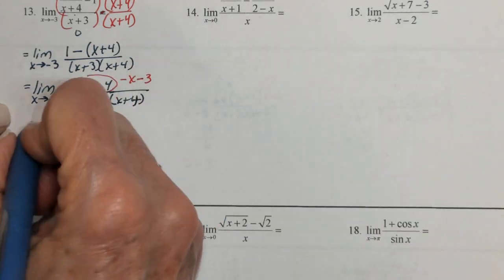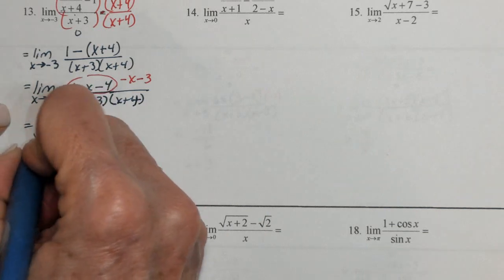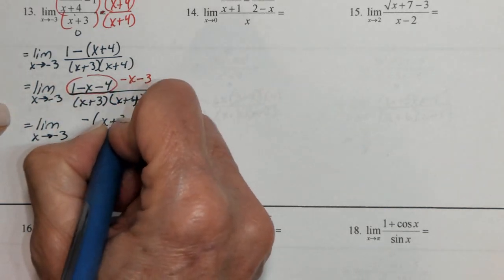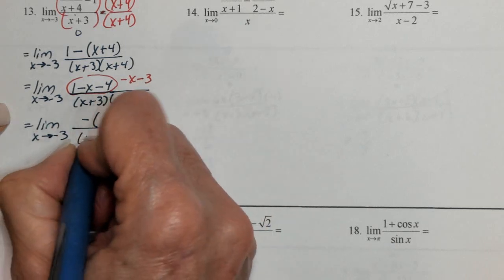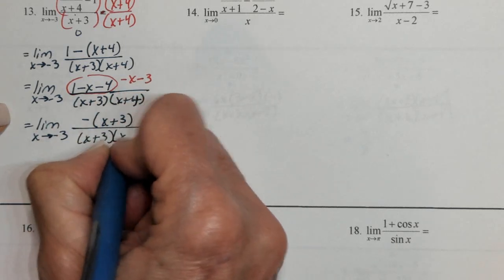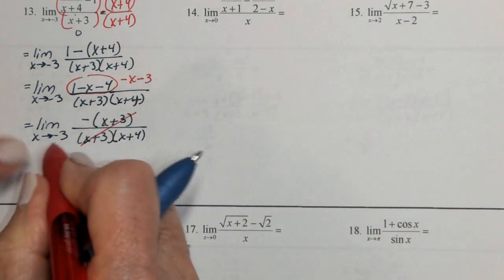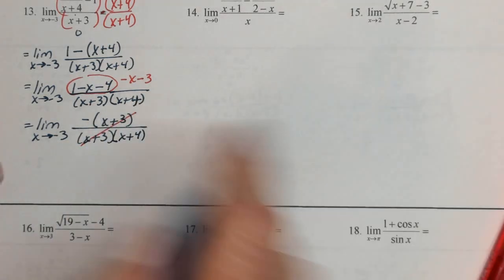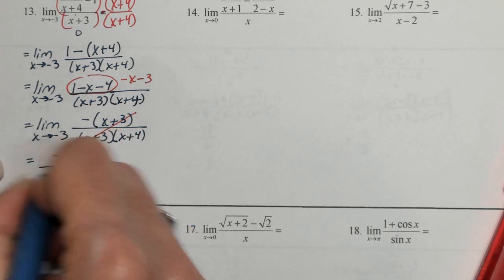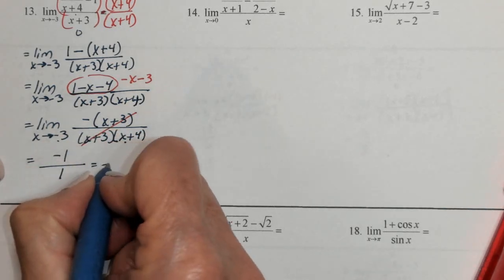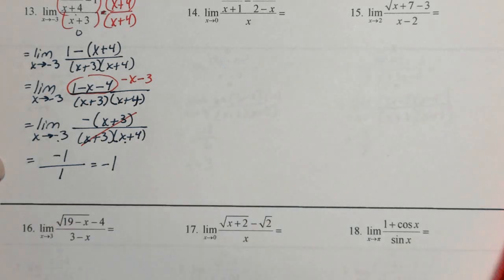I'm going to factor a negative 1 out of that. Negative x plus 3. Now I can finally reduce those x plus 3's, and I can do that because x cannot be negative 3. I'm left with negative 1 over, I'm putting negative 3 in for this, so this is negative 1.